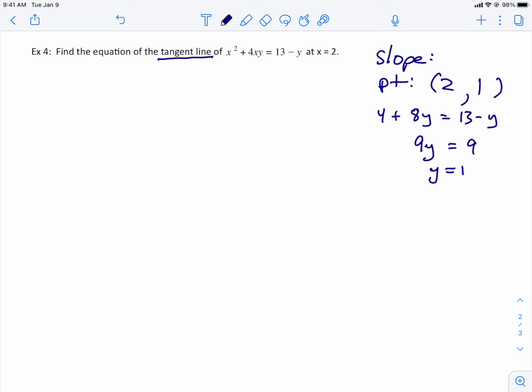To find the slope, I need to know the derivative so that I can find the slope of the tangent line. So let's find dy dx. Okay, so we're going to take the derivative of the entire thing so that we can do implicit differentiation.